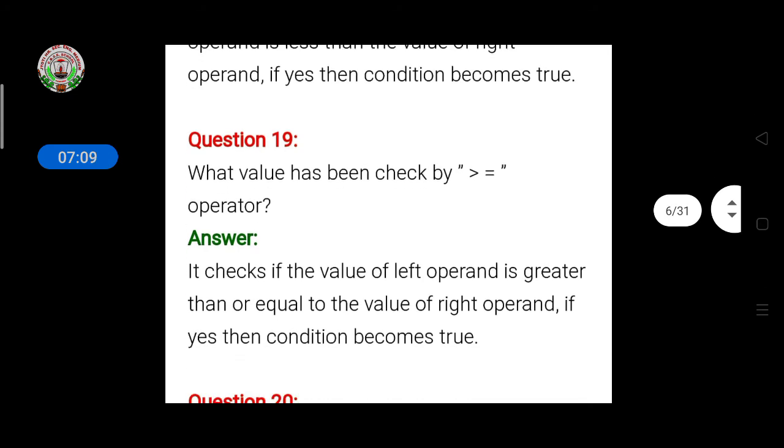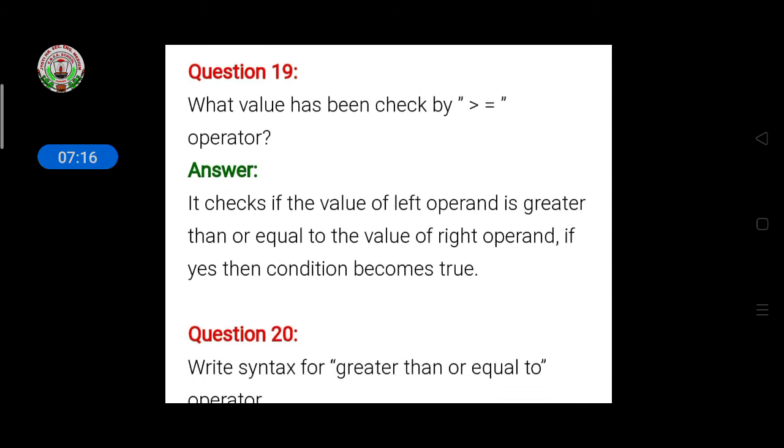Then what value has been checked by the greater than equal to operator? It checks if the value of the left operand is greater than or equal to the value of the right operand. If yes, then the condition becomes true. It is checking whether the value is greater than or equal to.